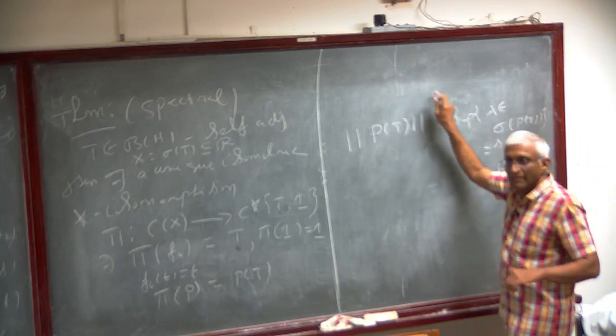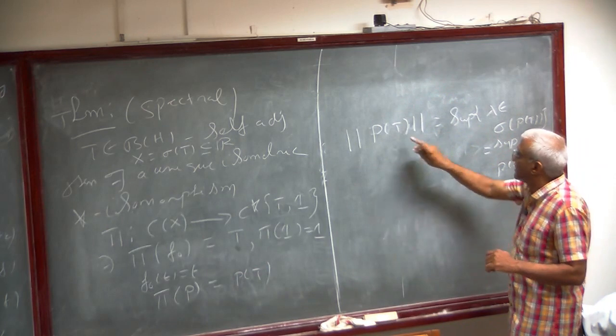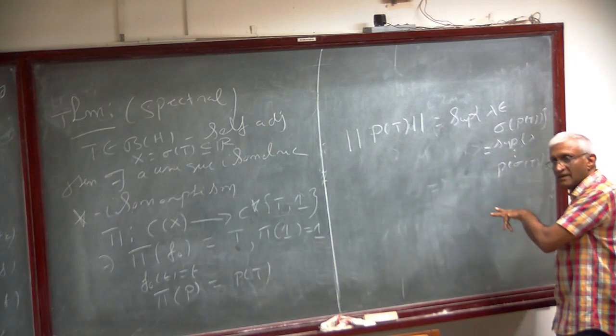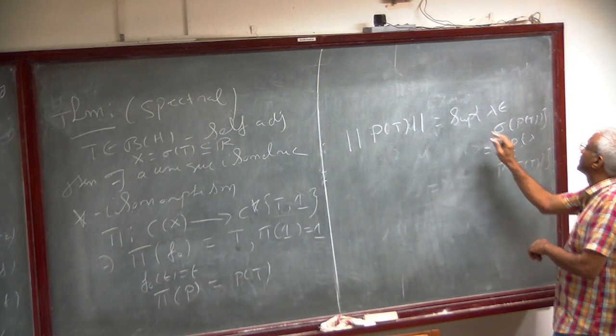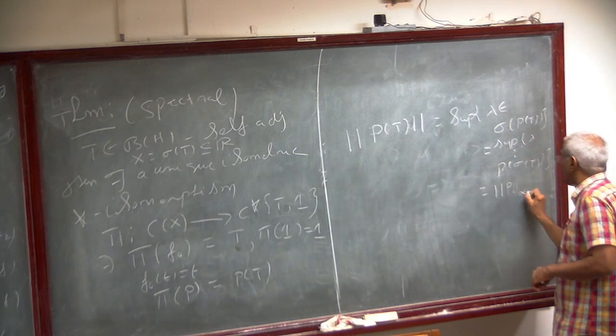For a normal operator, these two are equal. By the spectral mapping theorem, p of sigma of T equals sigma of p of T, so this supremum is equal to this. Now this is just the infinity norm of the polynomial.